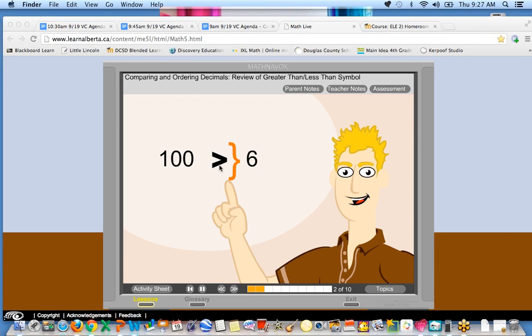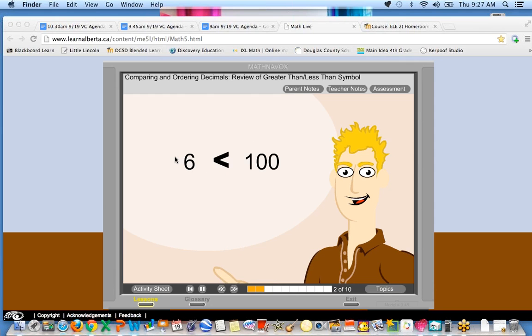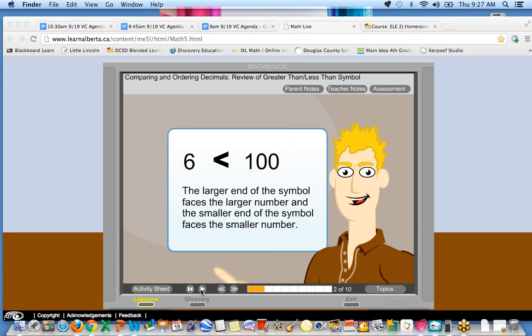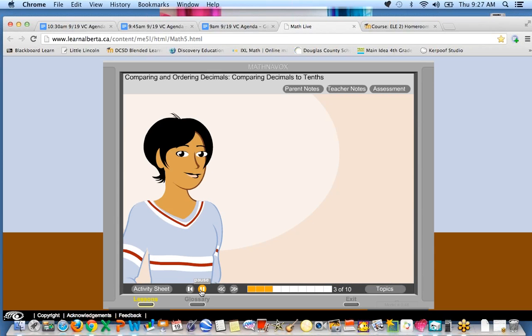It's like an alligator. The smaller end of the symbol faces the smaller number. If the numbers were on the opposite sides, then the symbol would turn the opposite way, like this. The larger end of the symbol faces the larger number, and the smaller end of the symbol faces the smaller number. We'll start by comparing decimal numbers that have a digit as far as the tens place.